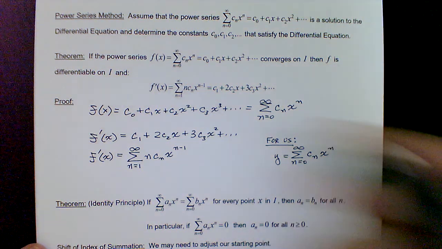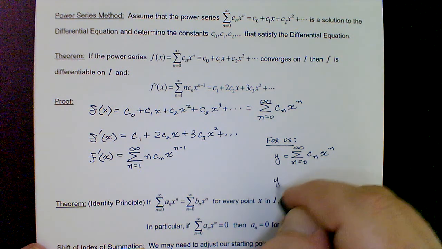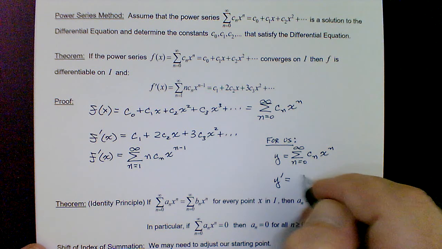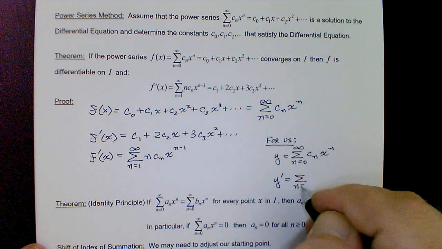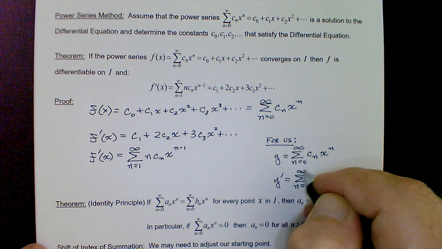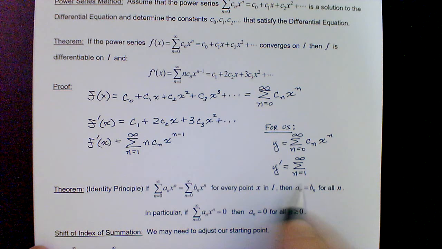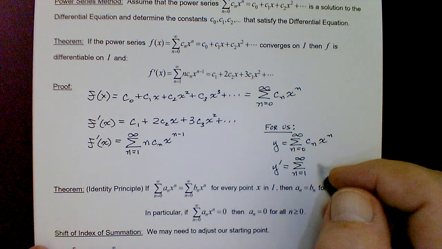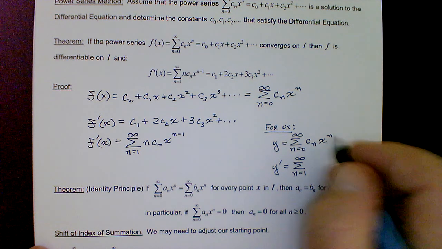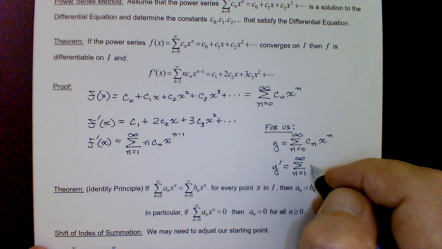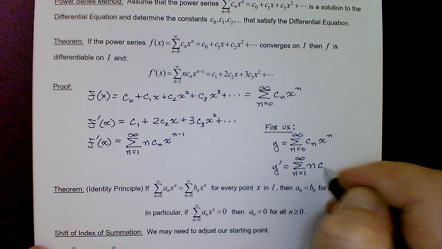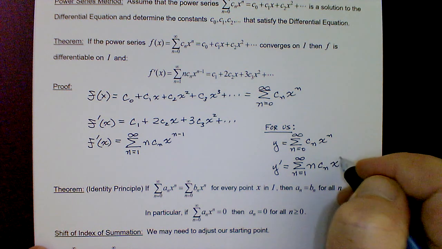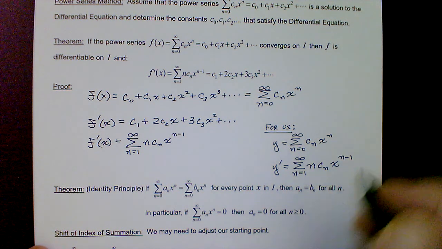It's the same as saying f of x. I just want to point this out. So then we're going to say that y prime is the sum, and it's important to understand, as we showed here, the index changes to n equaling 1. And then it would be just like you're differentiating this piece normally. Swing down the n, c sub n is a constant, x to the power 1 less, n minus 1.